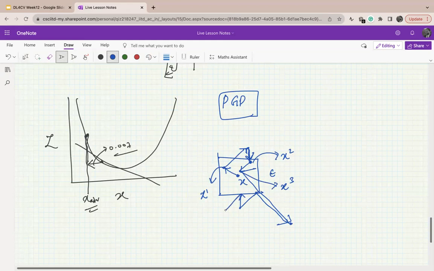You go out, go back to your box like that. So it's like you're sort of moving away from the local minima and increasing your loss. But every time you do it, you're just checking, are you out of the epsilon box? If you are, just project it back.